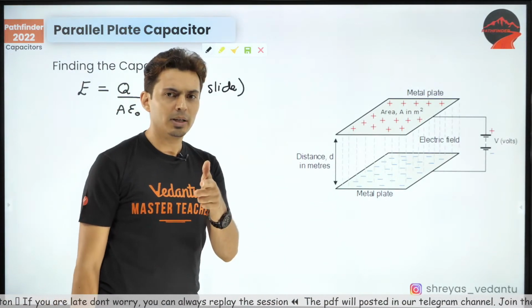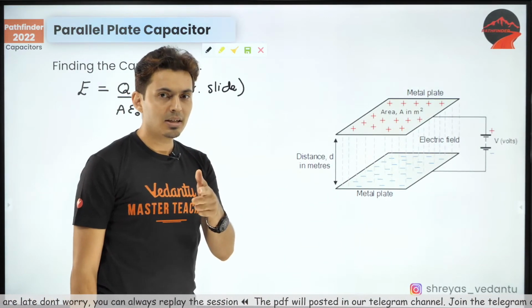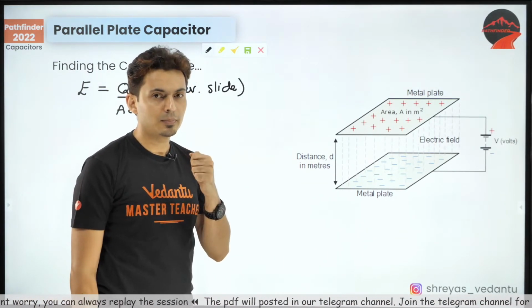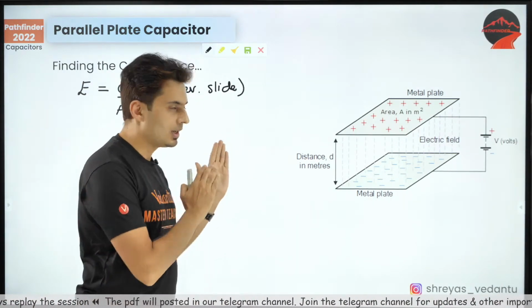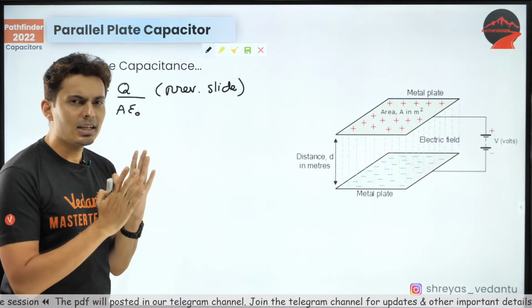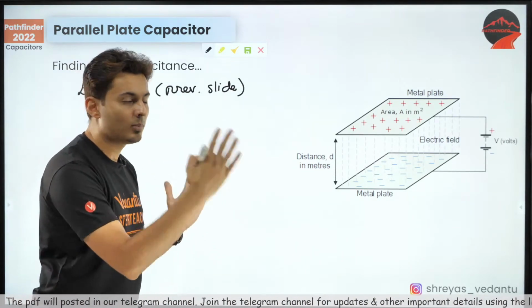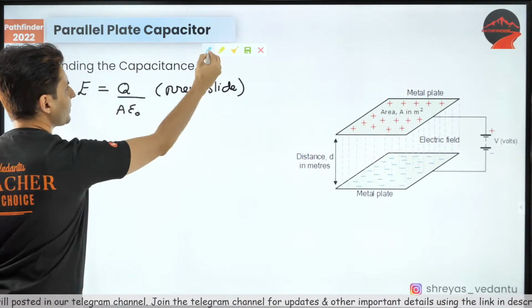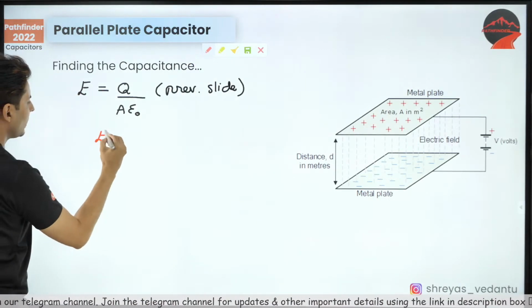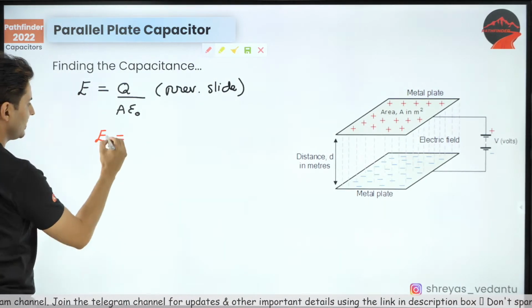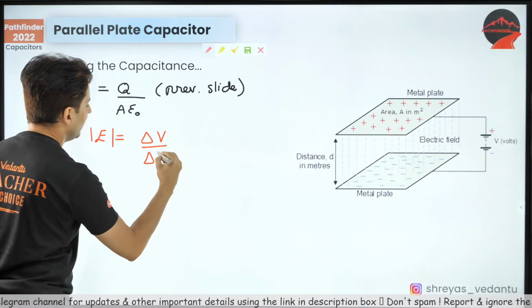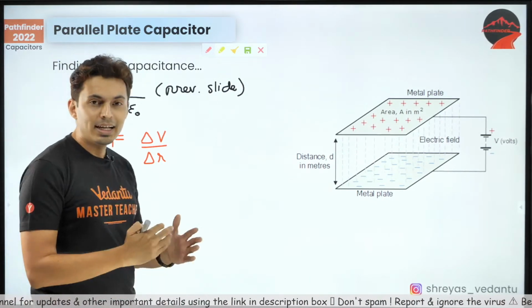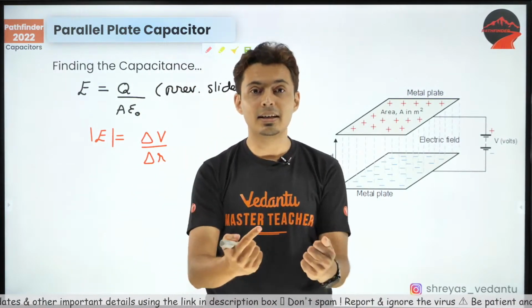Do I know some formula which relates field and potential? Why would I need such a formula? I'll tell you in a bit, but just think, is there a formula which relates field and potential? Field, magnitude wise, we're just interested in the magnitude, is delta V by delta R. Do you remember this? dV by dr, excellent.